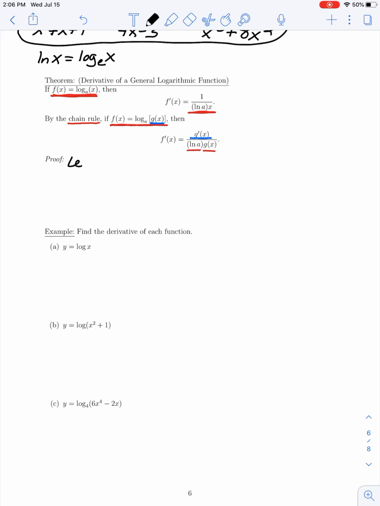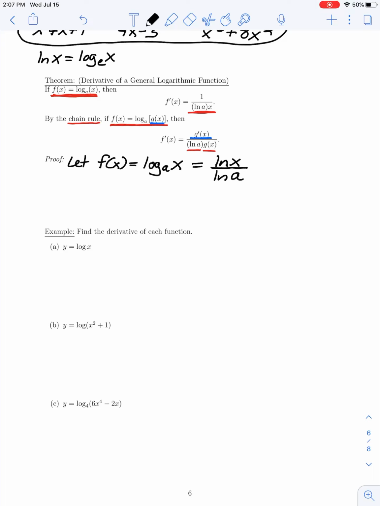If we're considering a general logarithmic function, say f of x is log base a of x, we can write this in the following way using a change of base formula for logarithms, which says that log base a of x is equivalent to the natural log of x divided by the natural log of the base.